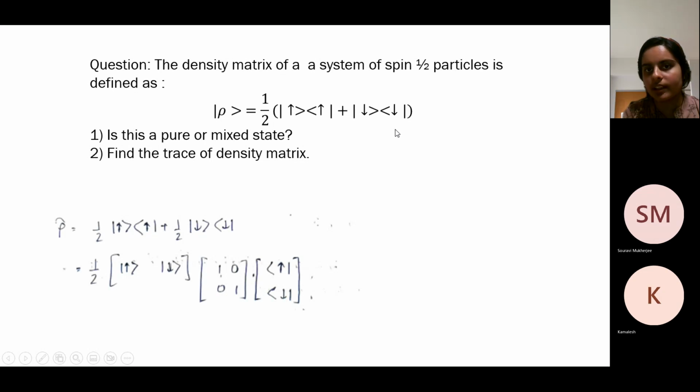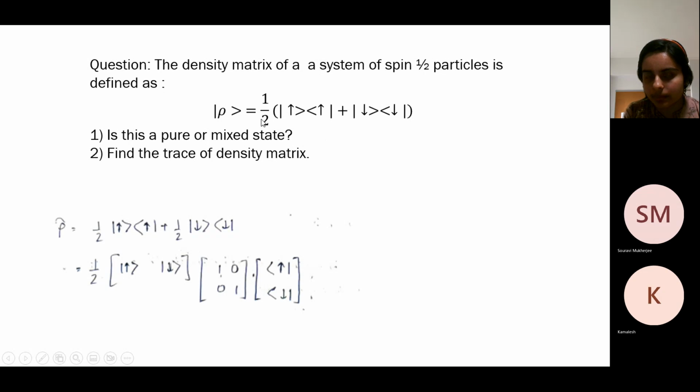Or suppose the only state that describes your system is the down state. Then your density matrix will be only this term, and the coefficient will be 1, because 1 is the probability of being in that microstate, the down state. But here you can be in up or in down state with probability half for each.